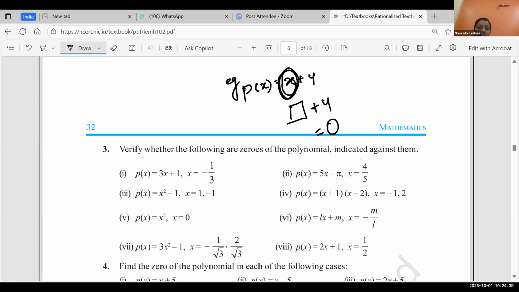What can be taken at the place? -4, ma'am. -4. Making sense? Okay, x equals -4 is the zero of the polynomial.